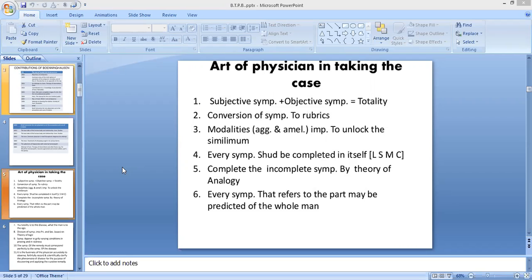So concordance means, as Dr. Boenninghausen was a keen observer, and with his keen observant mind he noticed that after giving the first medicine to the patient, and during follow-up when we change the medicine, then definitely there is some relationship between the medicines.